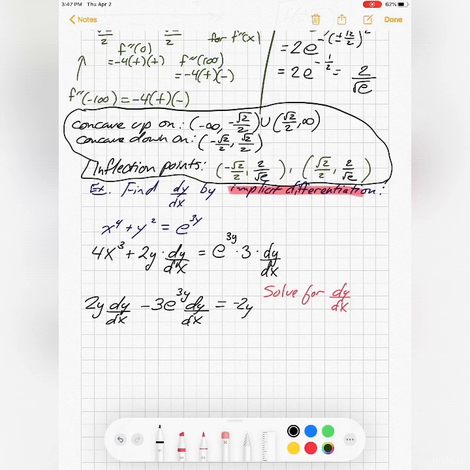Everything else onto the other side. See what I've done so far. So I have this guy, I moved this guy, so then I should have on this side negative 4x cubed.